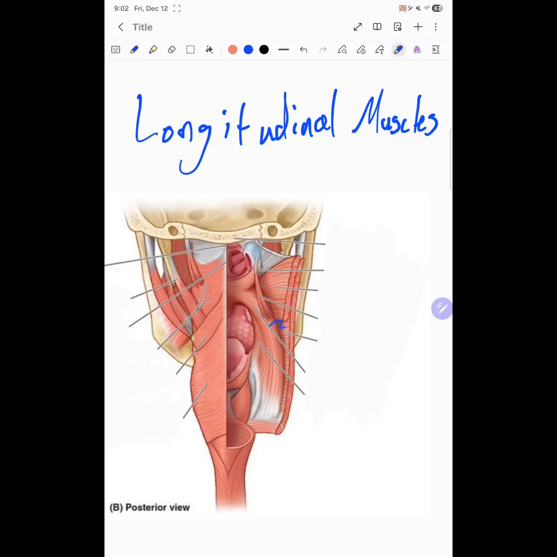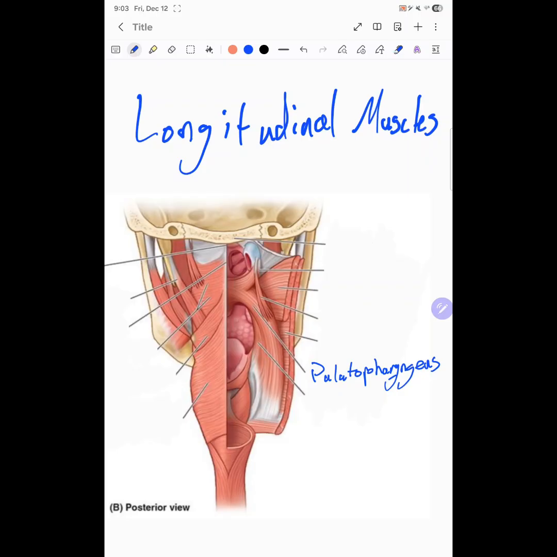We're going to start with the palatopharyngeus muscle, which is going to be this. Let's label it. It's going to originate from the hard palate and the palatine aponeurosis, and it's going to insert on the posterior border of the lamina of the thyroid cartilage and the side of the pharynx and esophagus.